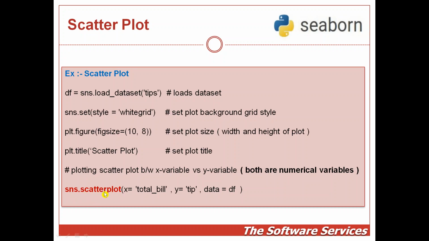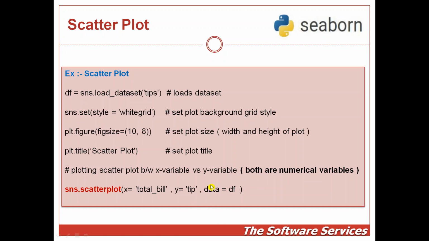The plot method is scatter plot. In the parenthesis we have to give the required arguments, that is x is equal to, on the x-axis what we are going to plot, we need to supply that. So we need to give the column name. That is total bill we had paid to the hotel management. And then on the y-axis what we are going to plot is tip. The tip means the money which we have given as tip to the bearer.